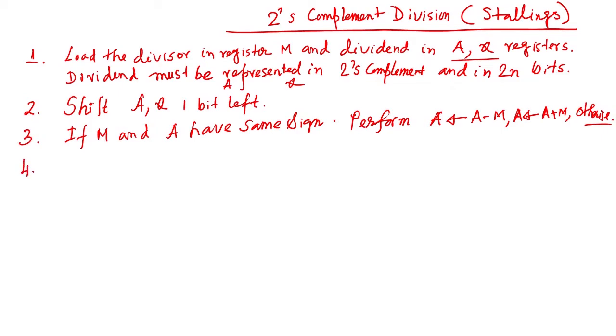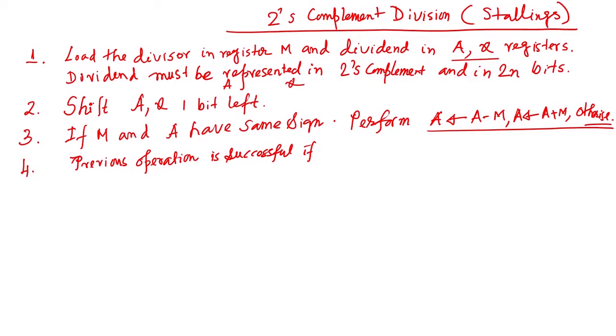Now, this preceding operation is successful, the previous operation, that means this one, is called successful if the sign of A is the same after and before the operation.